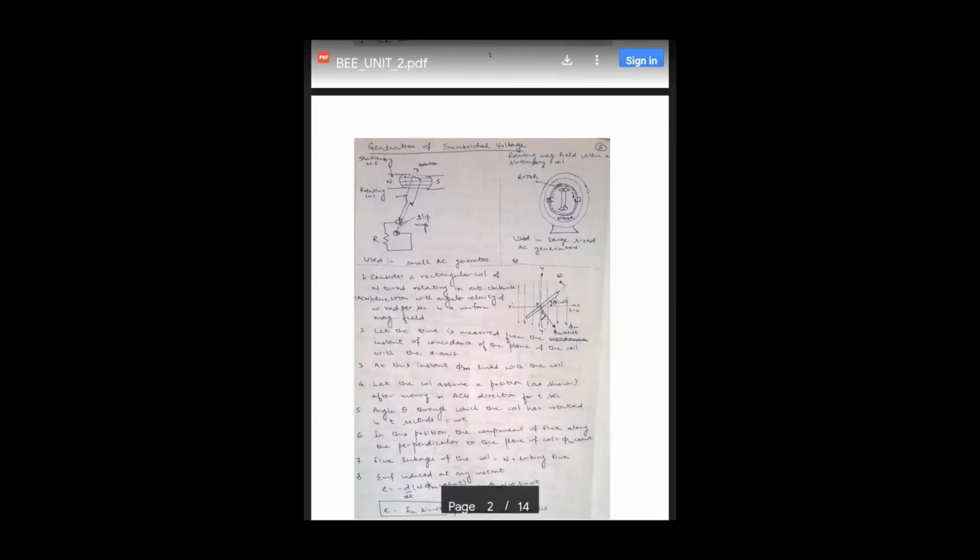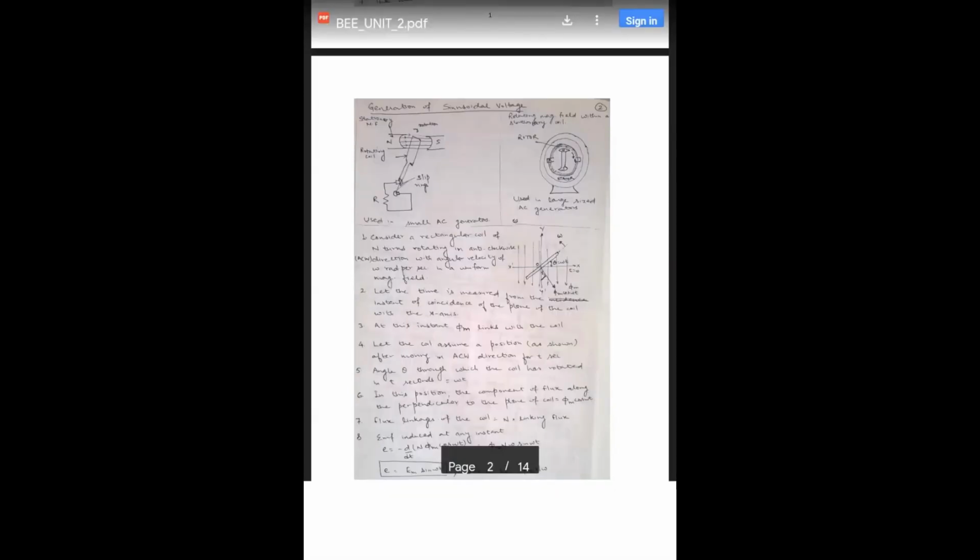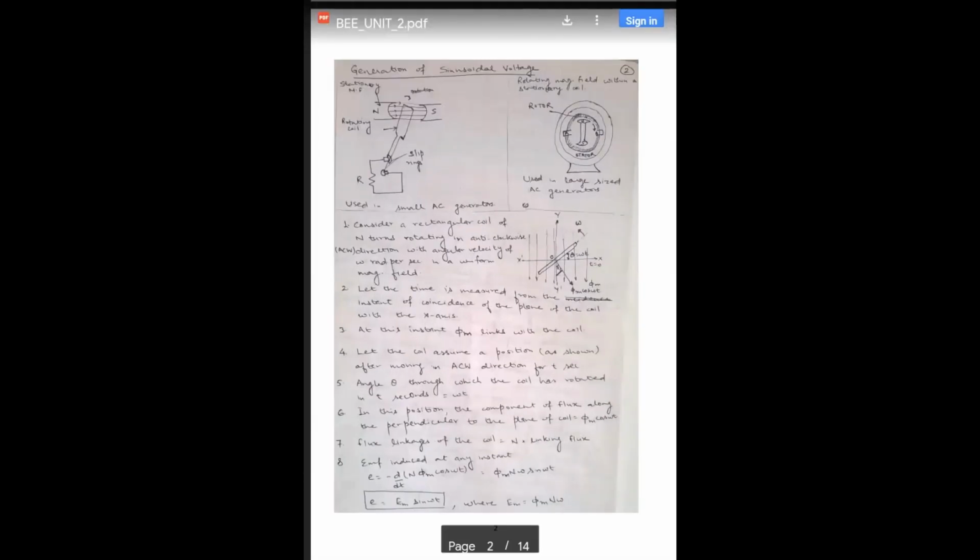So then we will study its movement in the anti-clockwise fashion, and also this conductor is having n turns. Number of turns are n.